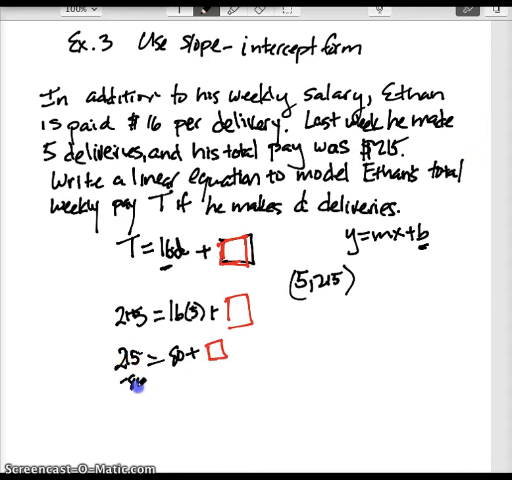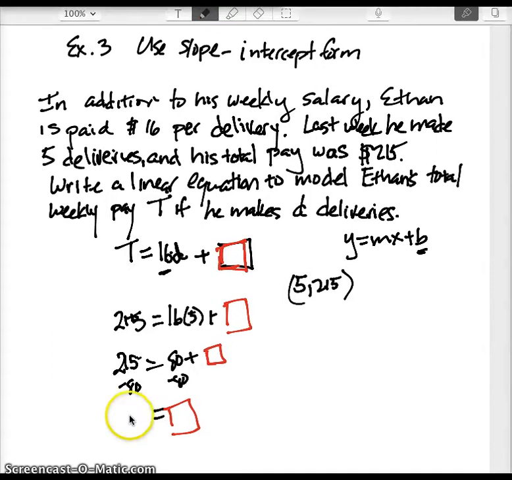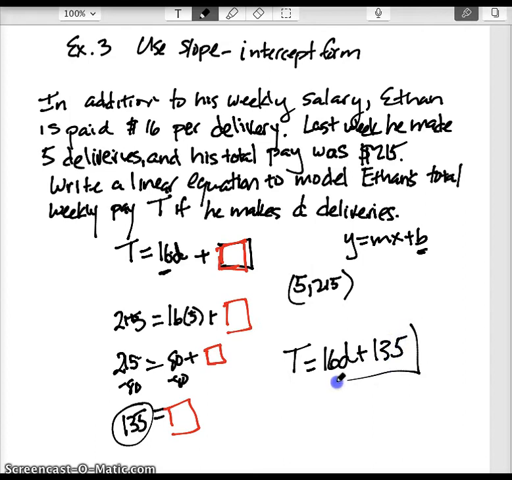We're going to subtract 80 from both sides of our equation, and we're going to be left with whatever this mysterious thing is. 215 minus 80, and we get that this final amount is 135. So we know that Ethan's base salary is $135 a week. We're not done. T is equal to 16 times the deliveries plus the $135 base salary that Ethan gets.